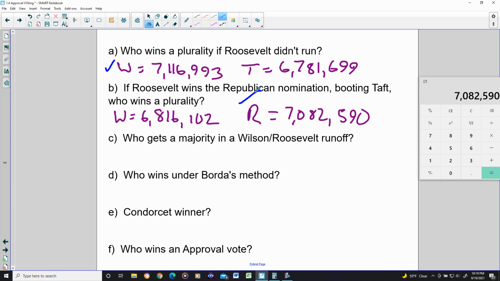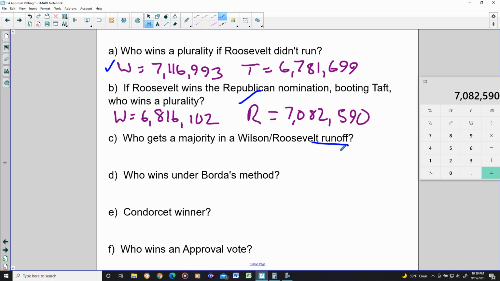All right, part C. Who gets a majority in a Wilson-Roosevelt runoff? Well, isn't that the same as part B? No, runoff means all other candidates are eliminated. So guess what? With the other elections, all we did is boot out the one person.